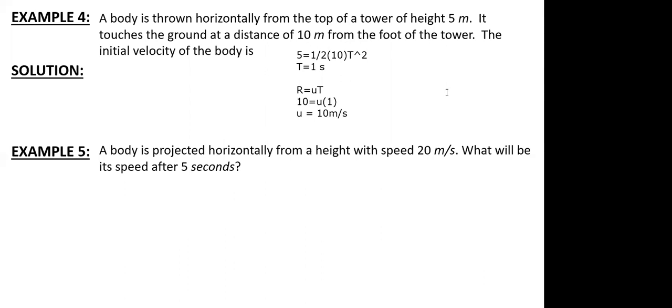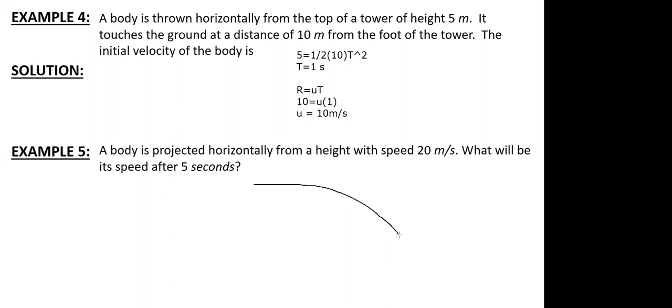So the body is horizontal with a velocity of 20 meter per second. Yeah, correct. So ux is equal to 20 meter per second, and I took ax is equal to 0. Okay, correct.